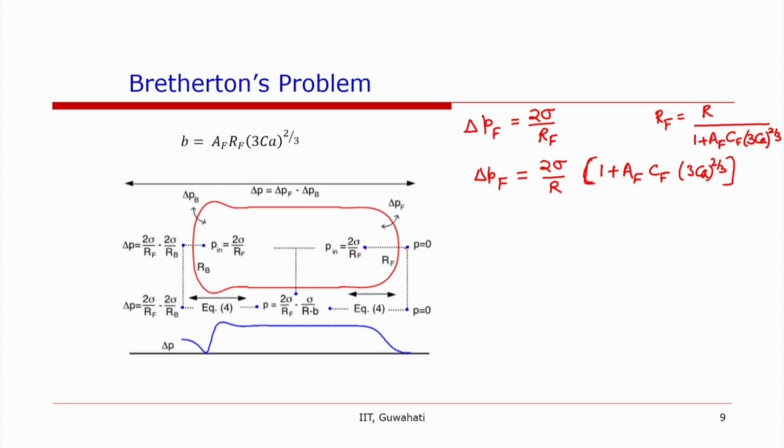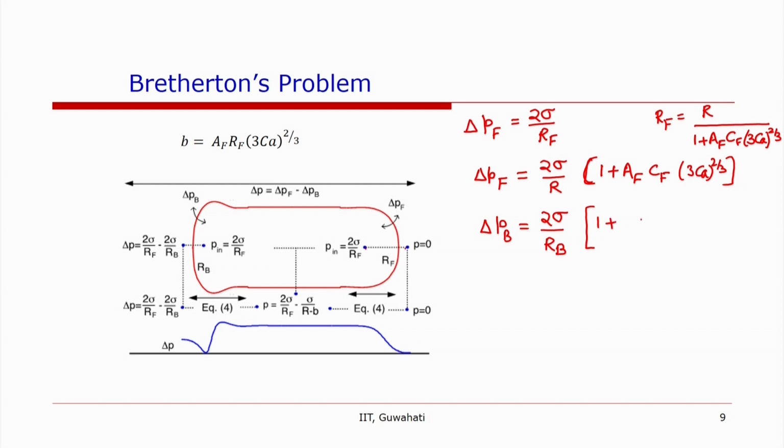Similarly, one can write the pressure difference at the back, that will be equal to 2 sigma over Rb. Though we have not done the analysis for the back separately, from similar arguments one will get two constants for the back, which will not necessarily be the same as at the front.